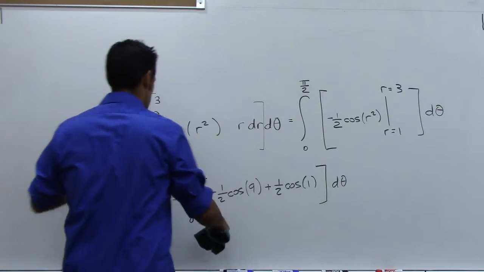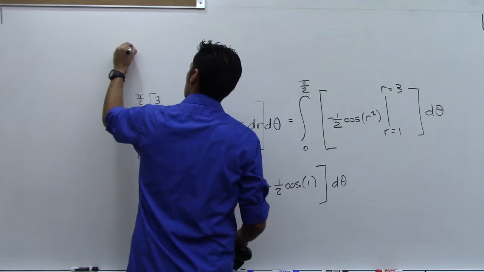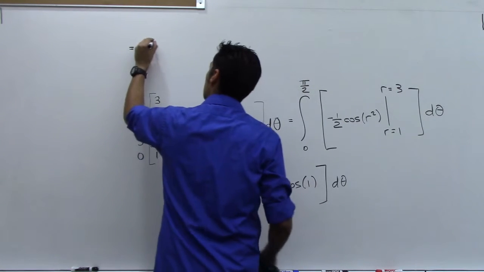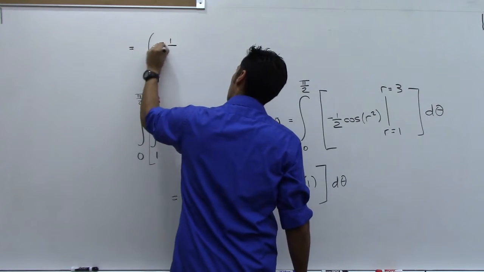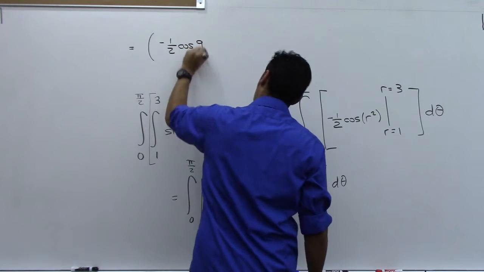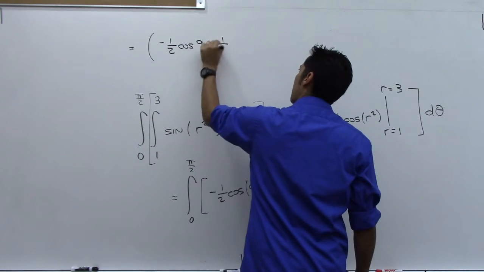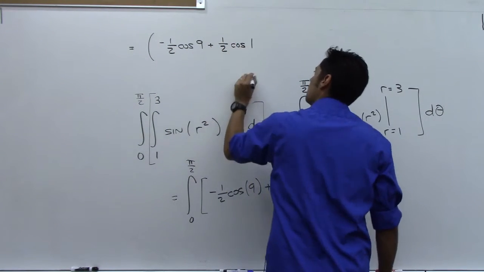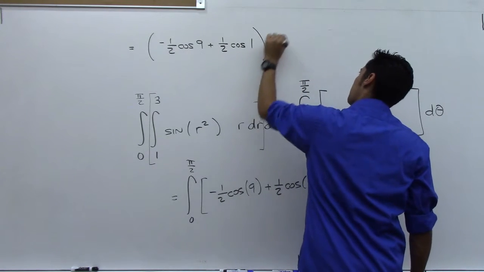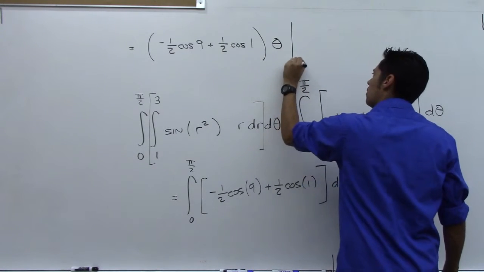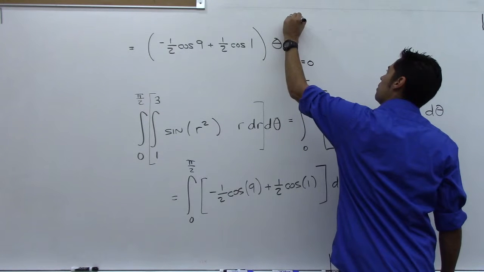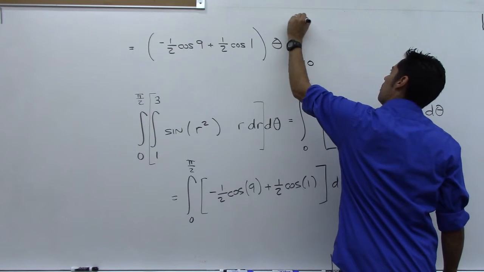So this is negative 1/2 cosine 9 plus 1/2 cosine 1 theta, and then evaluated theta equals 0 to pi over 4.